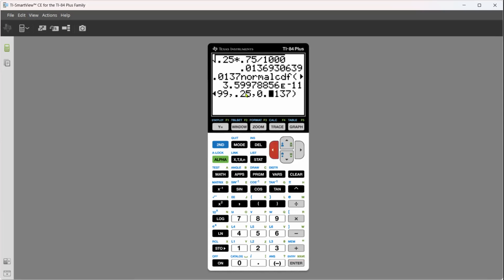Let me fix it. I have a 0.0137 in front of my normal, so I have a different number than I should. So let me do it again. This is second distribution.